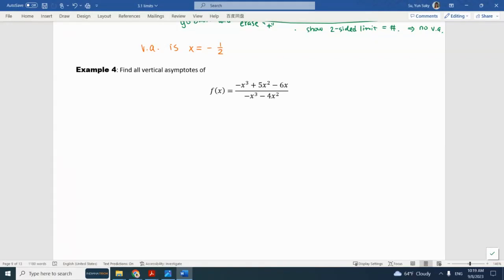Can you see that? Alright, so tell me, if we factor out -x, what's left? Yeah, x squared plus 5x minus 6. Very good.